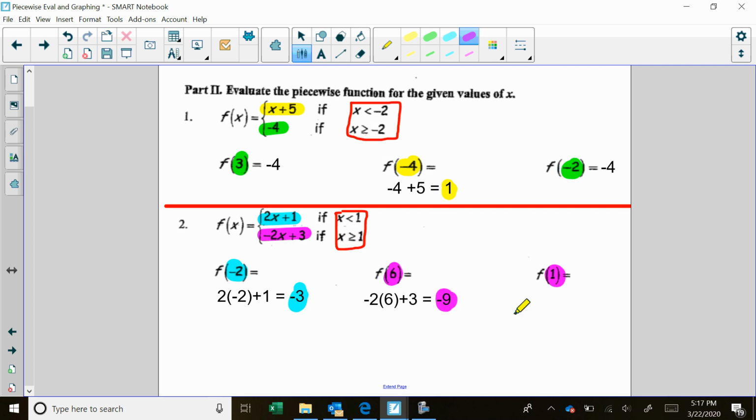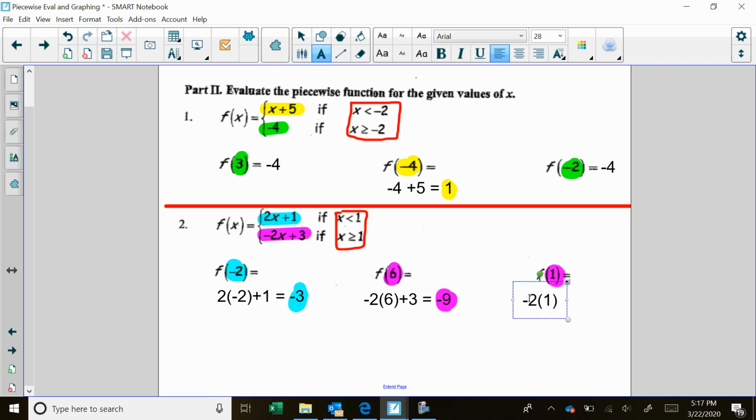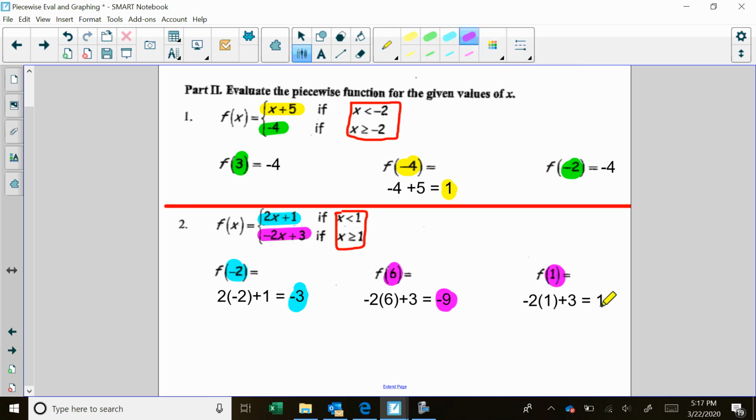Okay, that's our answer. 1. It's also going into the purple. So -2 parentheses 1, close it, add 3. That's -2 plus 3. That's just a good old 1. And we have our evaluation. There's our answer. Okay. All right.